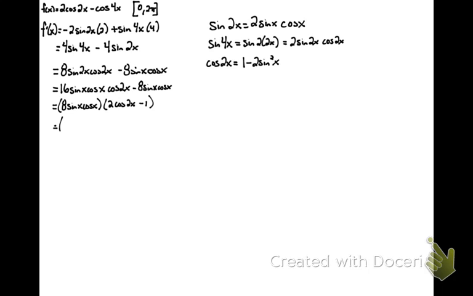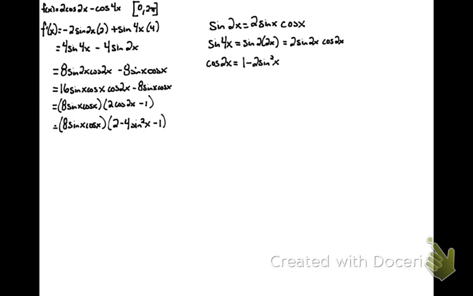Substituting again, the cosine of 2x is 1 minus 2 sine squared x. So this will become 2 minus 4 sine squared of x, when I distribute into 2, minus 1.